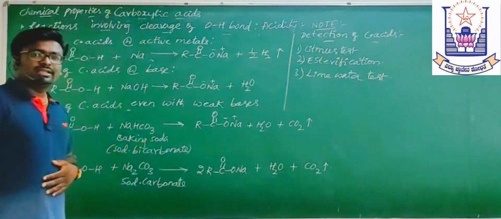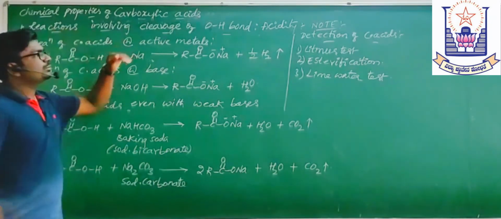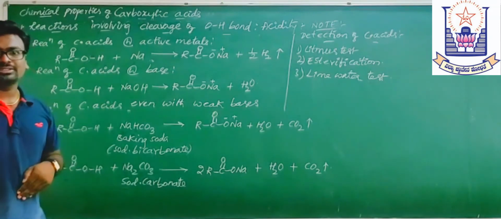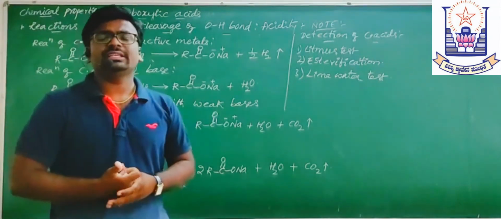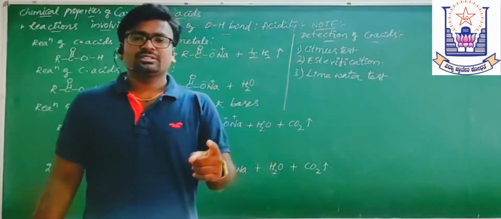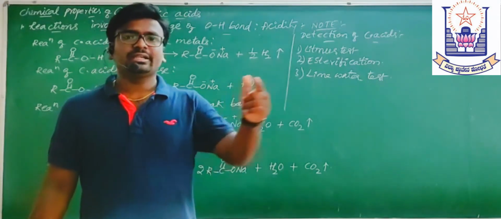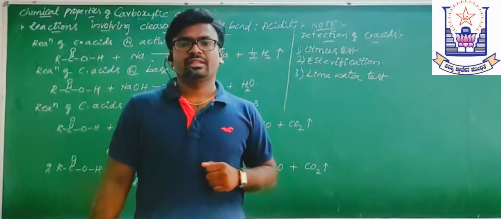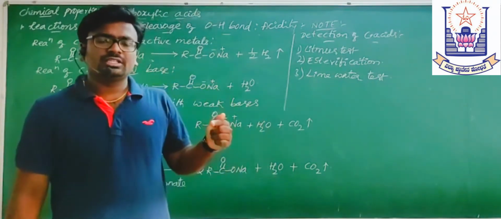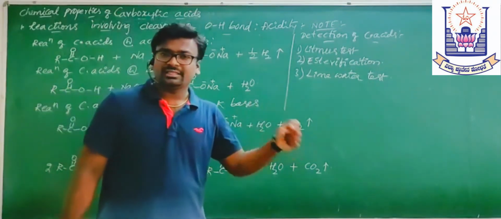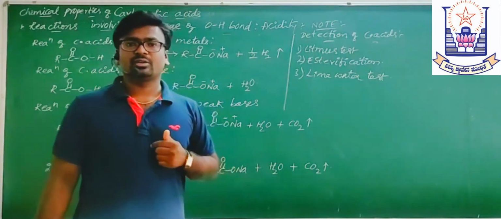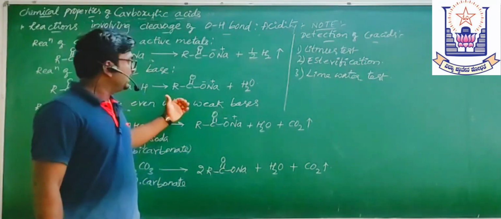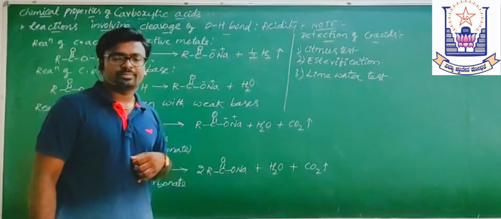Come to this. Here we are discussing the acidity of carboxylic acid. To prove the acidity, carboxylic acid, when treated with sodium metal, gives hydrogen gas. When carboxylic acid is treated with an alkali like sodium hydroxide or potassium hydroxide, it will give a salt and water.